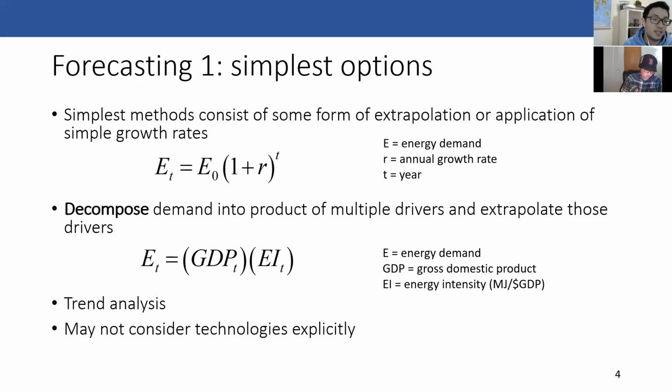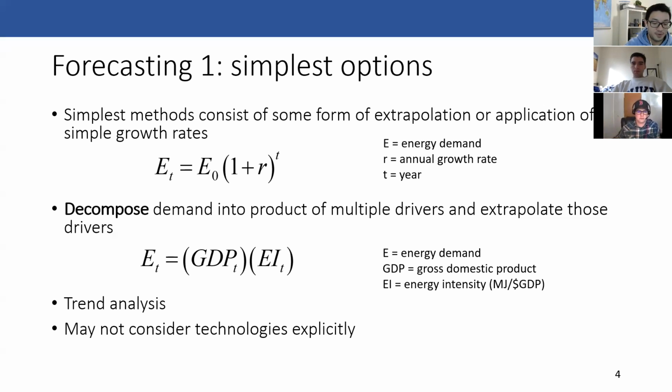This equation looks pretty similar to some of the stuff that we were doing in the economics and financing lecture, where we were doing present values or future values using discount rates or interest rates. It's the same sort of concept, right?